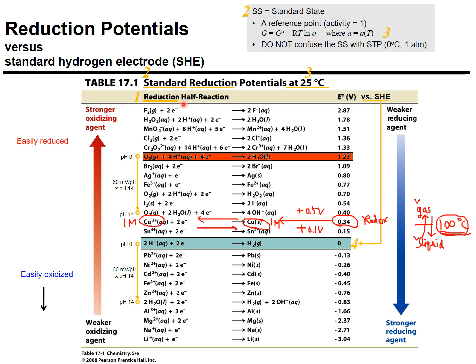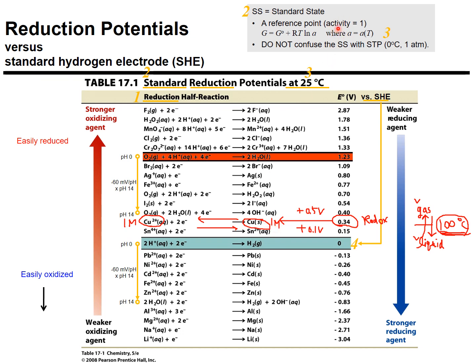What is the meaning of standard? Standard means standard state. The standard state is a kind of reference point at which the activities of species are 1. It means copper 2 plus is 1 molarity and copper is 1 molarity.